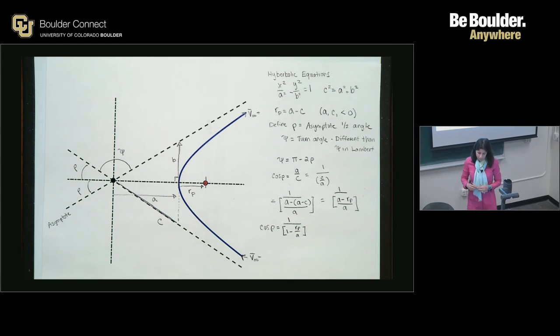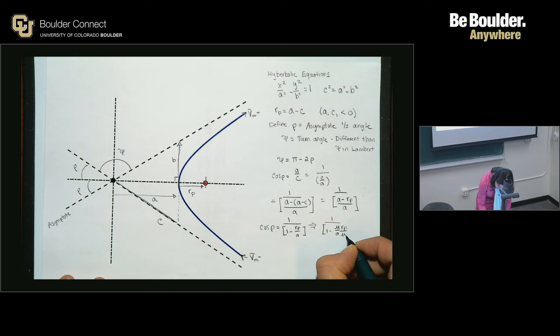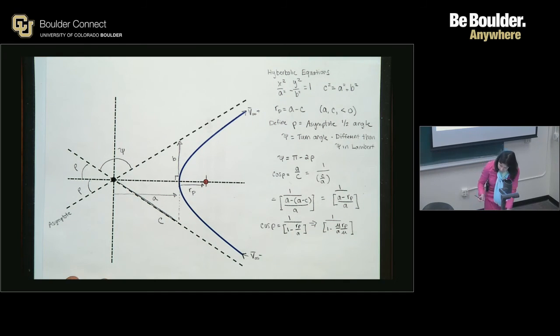Okay? We're going to multiply by mu over mu and rearrange. So we'll have 1 over 1 minus mu over a times r sub p over mu. So basically I just multiplied by mu over mu and rearranged this.